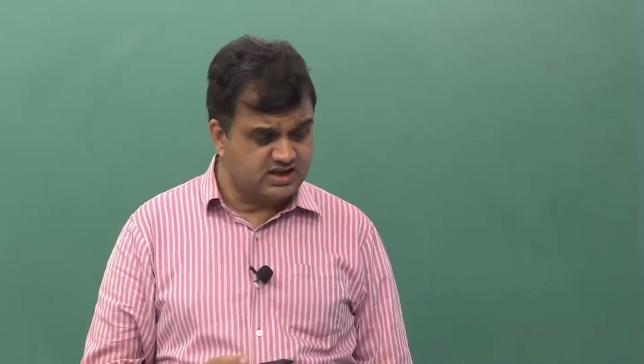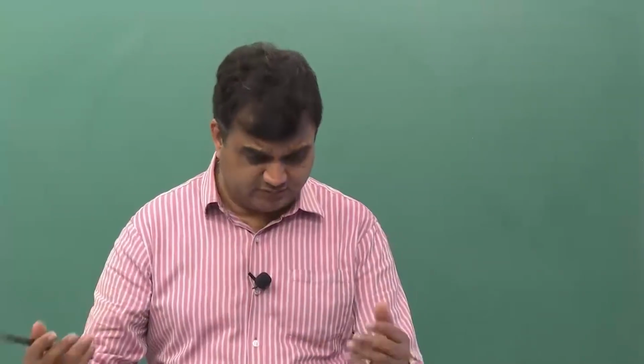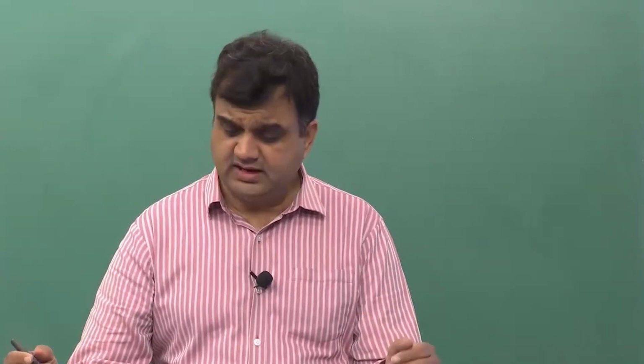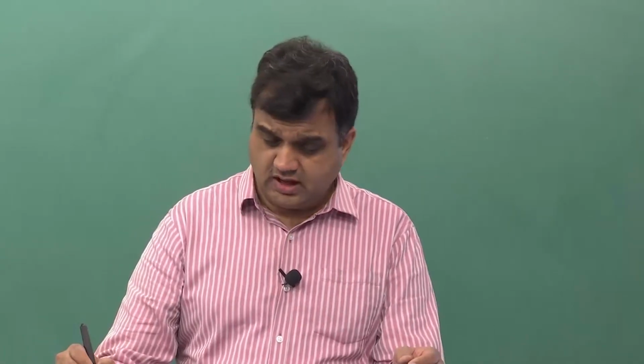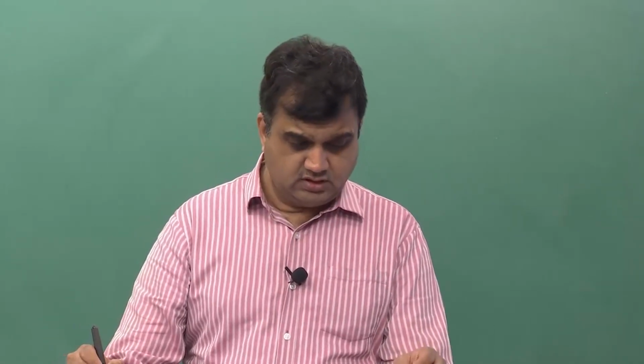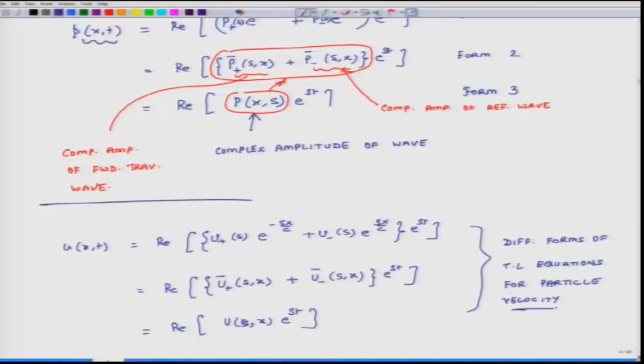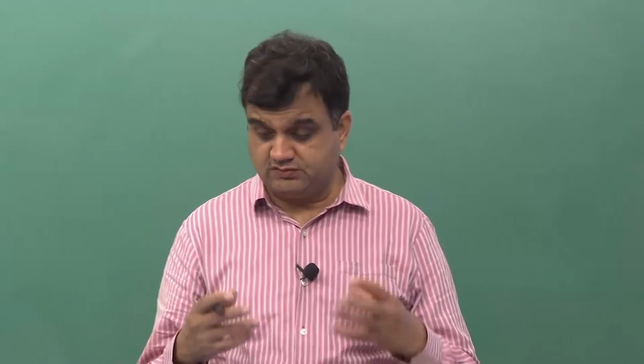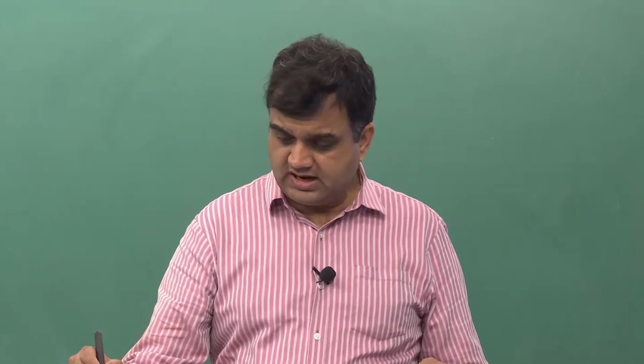What we will do in the next class is continue this discussion, and specifically we will solve one single problem, and then later develop a relation between equation 1 and equation 2, between the transmission line equation for pressure and the transmission line equation for velocity. So, that concludes our discussion for today, and it has been a pleasure talking to you. I look forward to seeing you all tomorrow. Thank you. Have a great day.